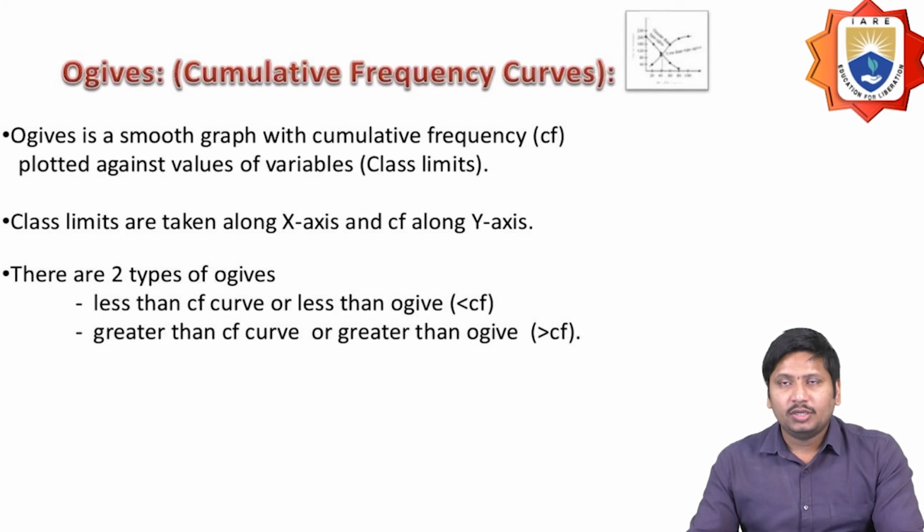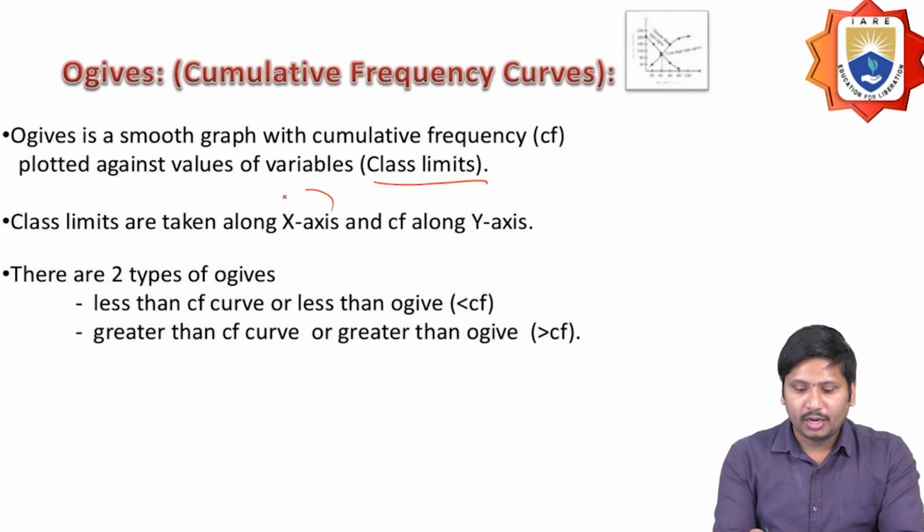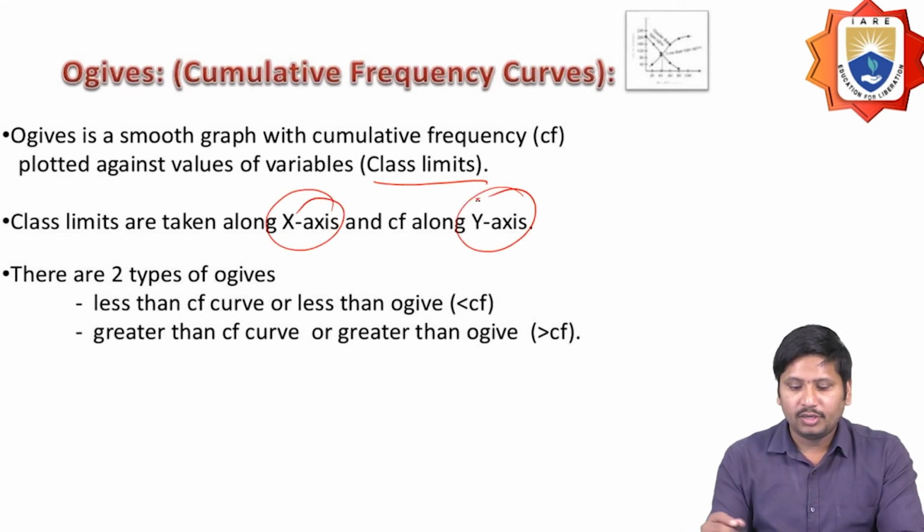And the next one is ogives. What is an ogive? Another name for ogive is cumulative frequency curve. An ogive is a smooth graph with the cumulative frequency plotted against the values of the variable. The class limits are taken along the x-axis and the cumulative frequency on the y-axis.